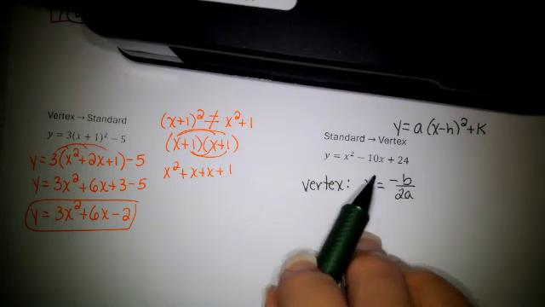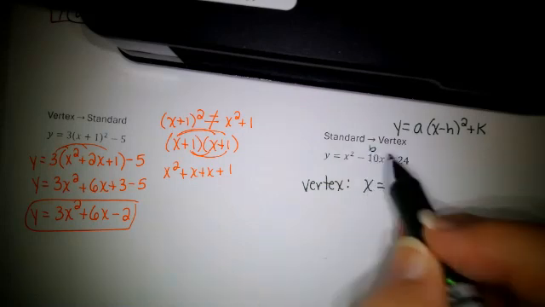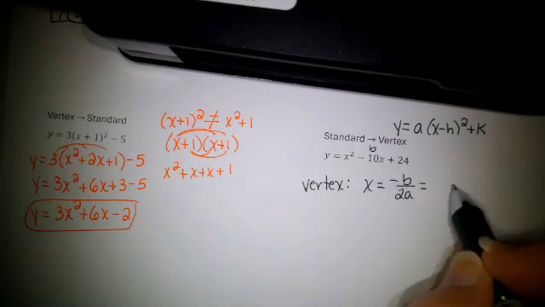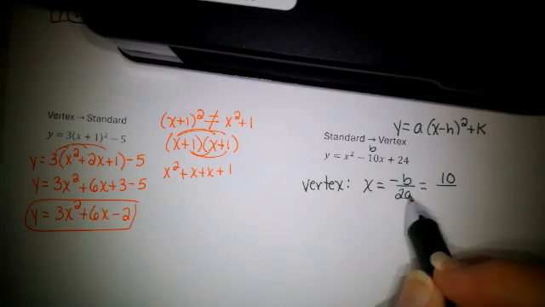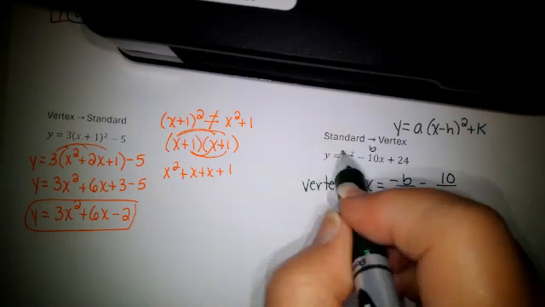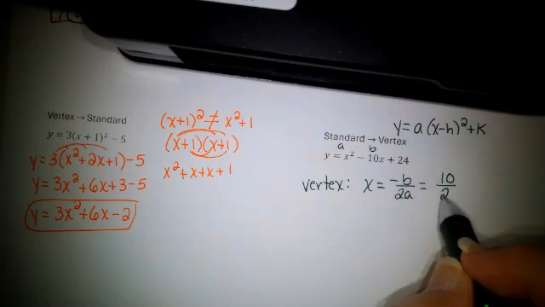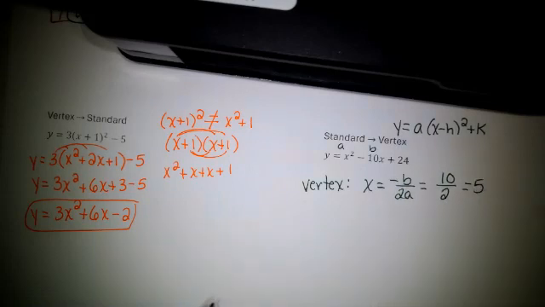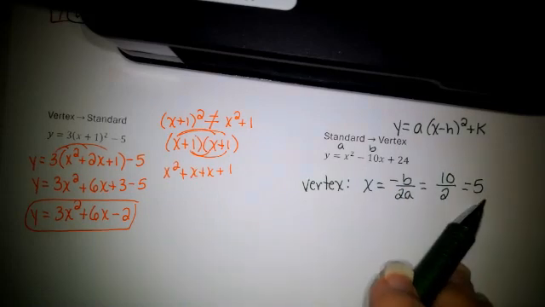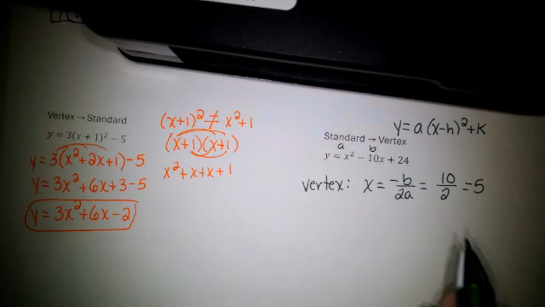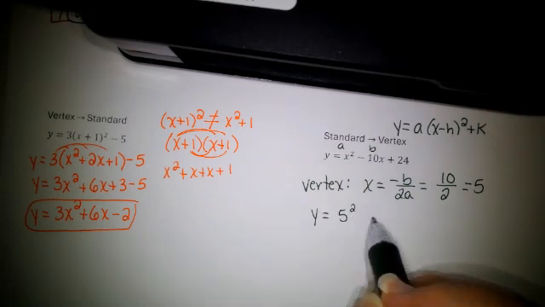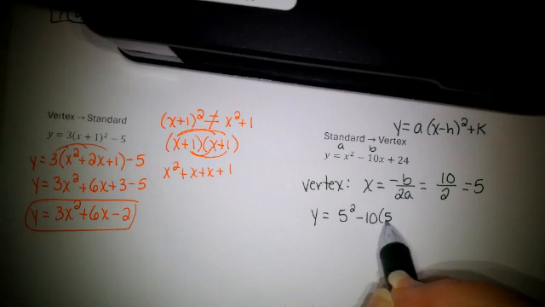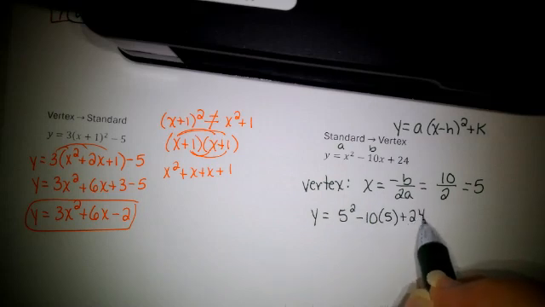So let's do that. If b is negative 10, then negative b is positive 10, just the opposite sign, over 2a. A is 1, so 2 times 1 is 2. The x-coordinate of my vertex is 5. Now I'm going to go back and find the y-coordinate of my vertex. 5 squared minus 10 times 5 plus 24.